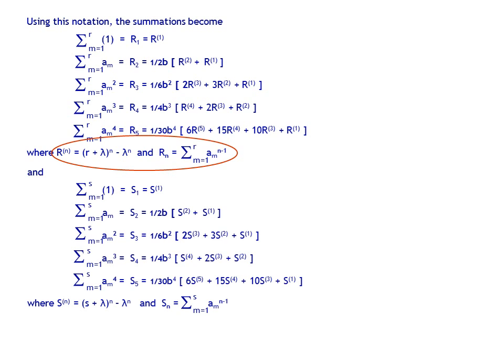We can do the same for load vector v, where in this case the summations are from m equals 1 to s, and define an equivalent parameter big S bracket n, defined to be equal to (s plus lambda) to the power n minus lambda to the power n, with big S subscript n equal to the sum from 1 to s of a_m to the power n minus 1.